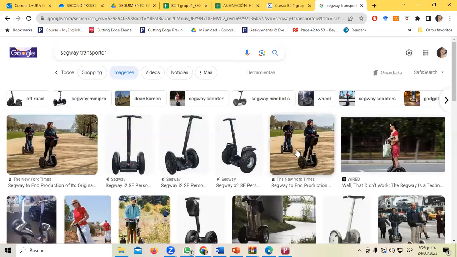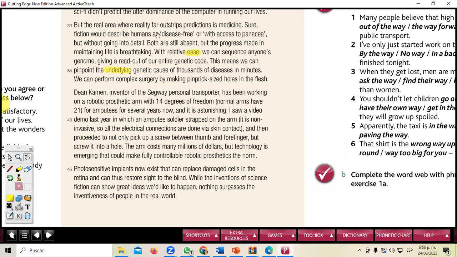I see like the watchman using this one, right? The Segway, that's the name for that. So the inventor of that device, the Segway, has been working on robotic prosthetics with 14 degrees of freedom. Normal arms have 21, okay, for amputees for several years now. Any other words that we need to clarify here?